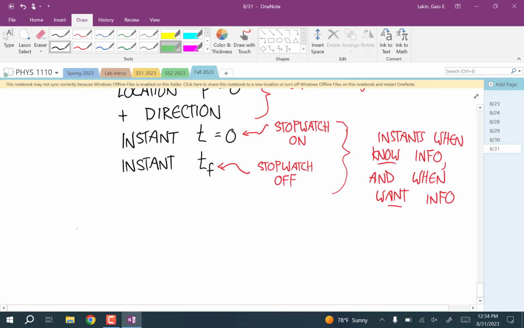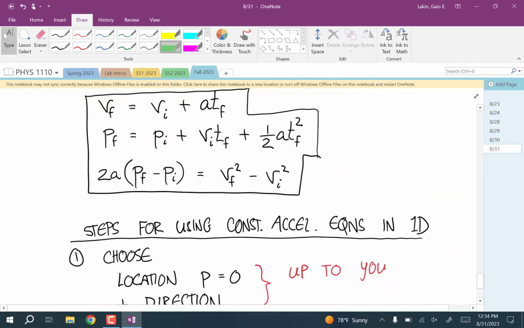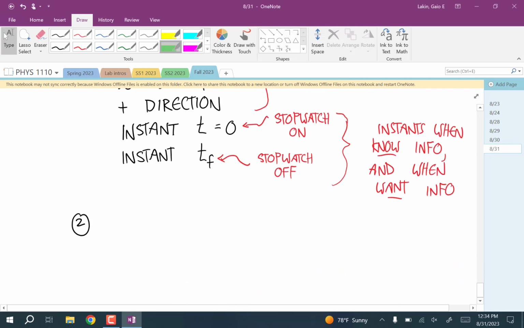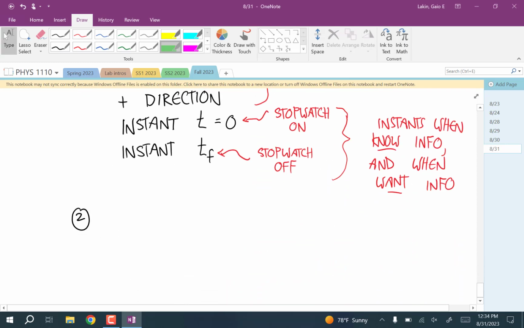Okay. Next, if you look through all of these equations and list out all the variable names that pop up, there's a total of 6. And I'm going to list them right here.